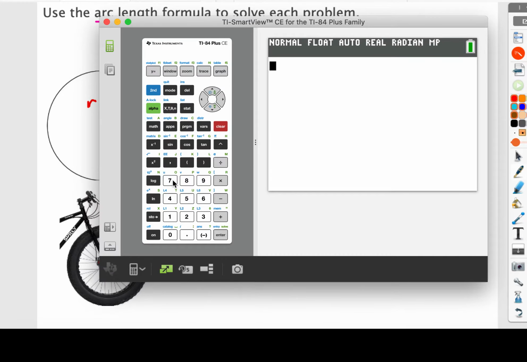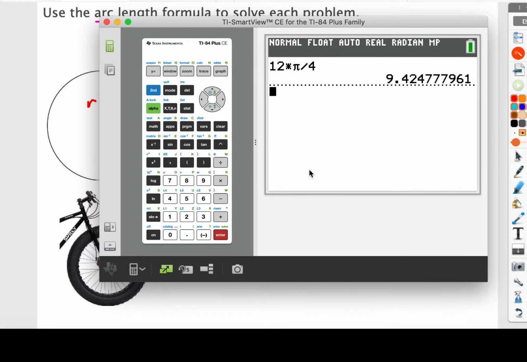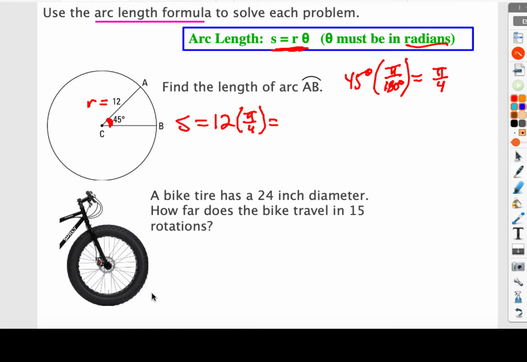So I'm going to clear out what I previously had on there, and we're just going to multiply 12 times pi divided by 4, or basically 3 pi, equal to 9.425.